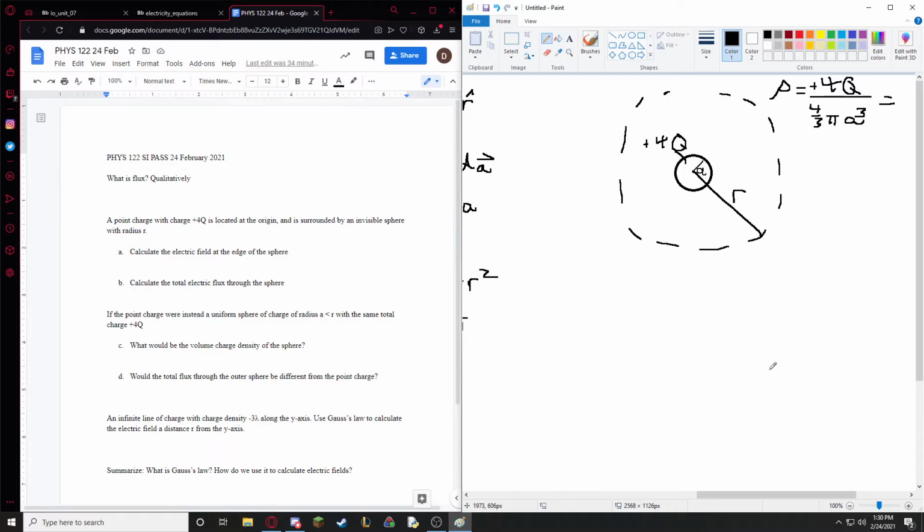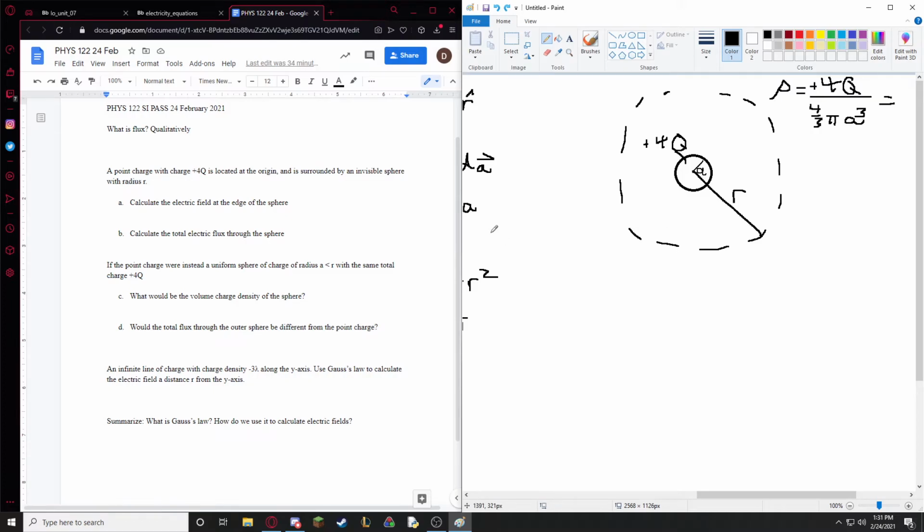The way you can think of it is that any electric field lines coming out from this point are going to go outward, versus any field lines originating from outside the sphere, which pass through one side and out the other. So net flux is 0. Our electric flux is going to be the exact same as the point charge because it's all enclosed and it's the same total charge.